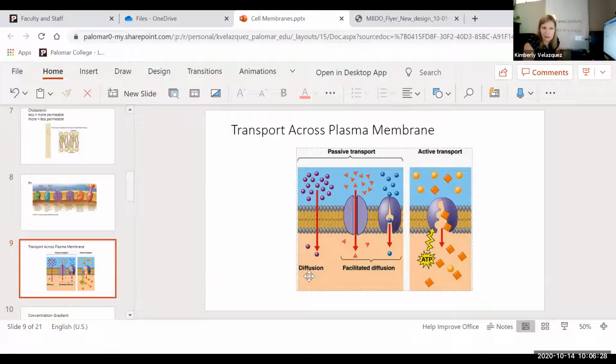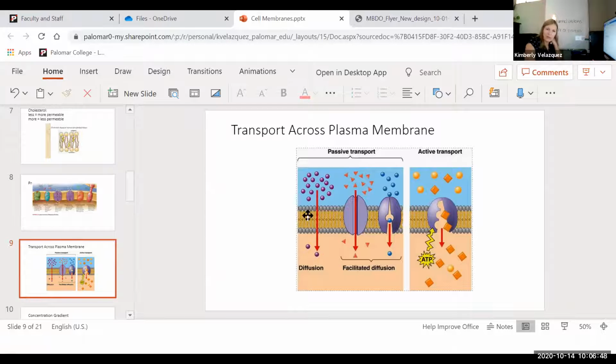In this picture, the ECF, the extracellular fluid, has a higher concentration of all three of these solutes compared to the inside, so everything is going to move from outside the cell to inside the cell, from high concentration to low concentration.